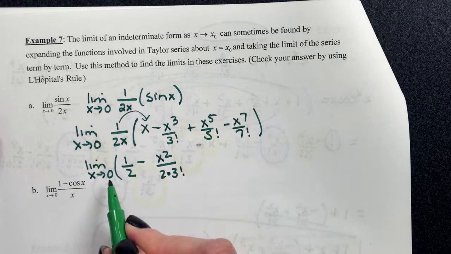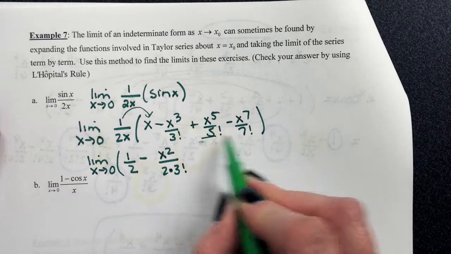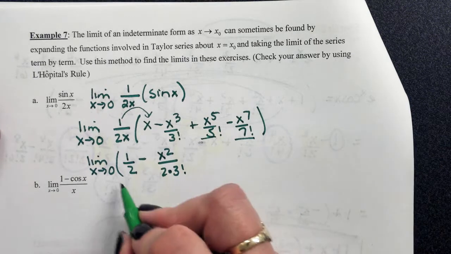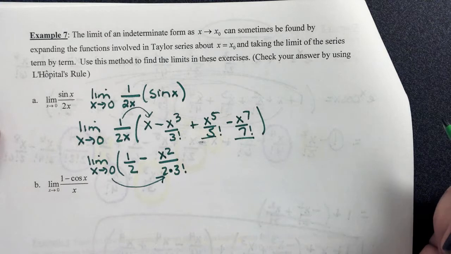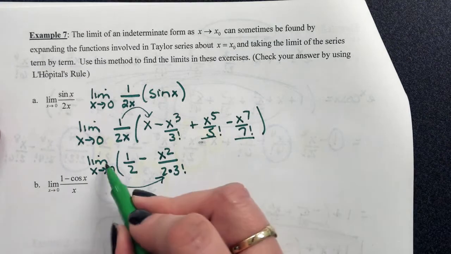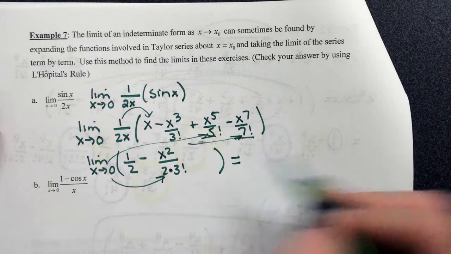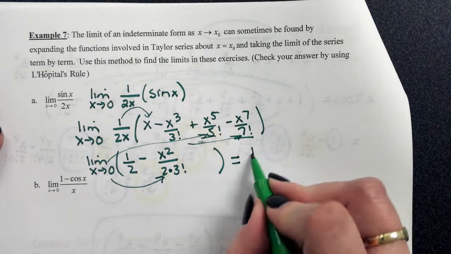Because what happens now when I go to do the limits? All the rest of the terms are going to have what variable in them? They're all going to go to what? 0. So this is going to go to 0 because I plug 0 in for x here, and here, and so on. So what's the only term that's going to end up remaining? 1/2.